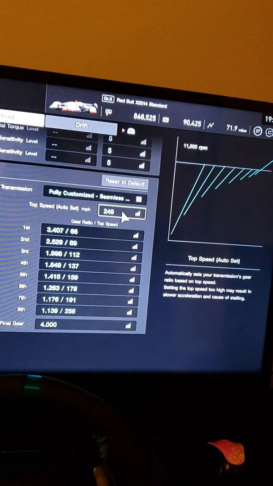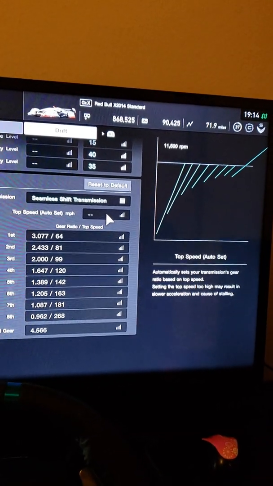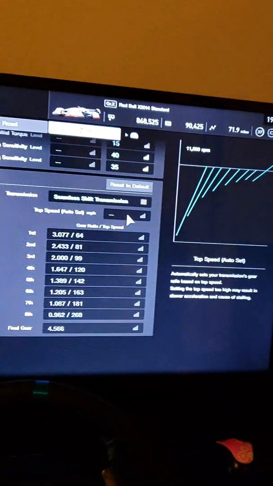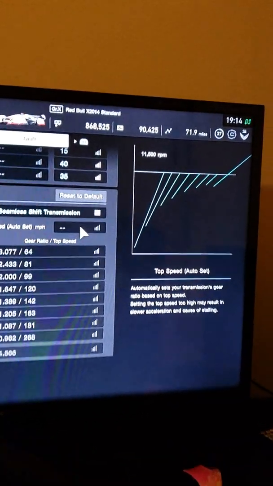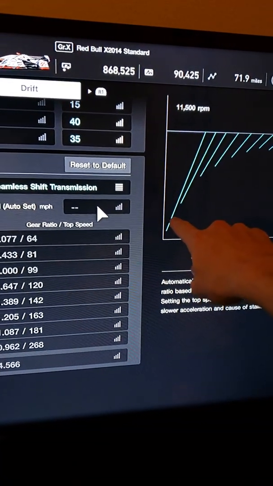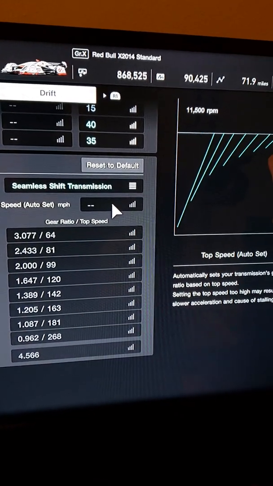According to Gran Turismo, this is the stock gearbox of the F1 W08. As you can see, they have very short, very quick gearing in the beginning for that acceleration, and then they kind of draw out the gearing near the end.